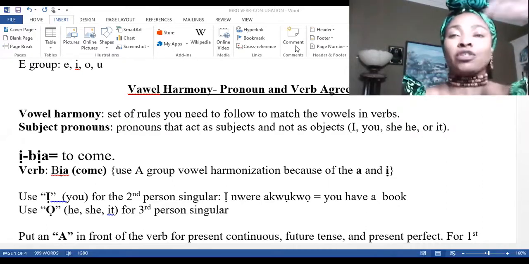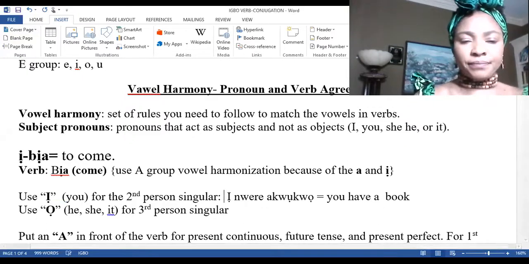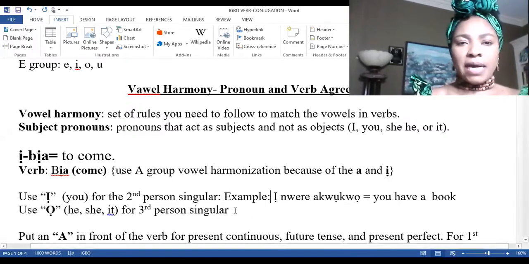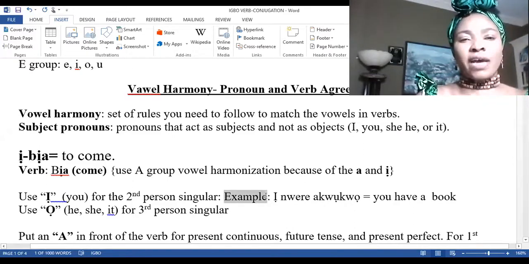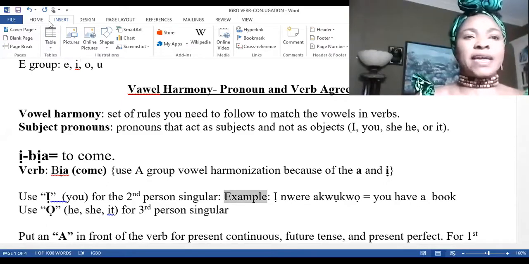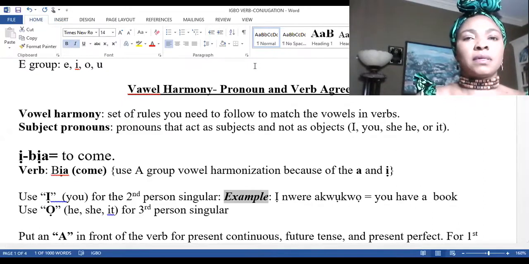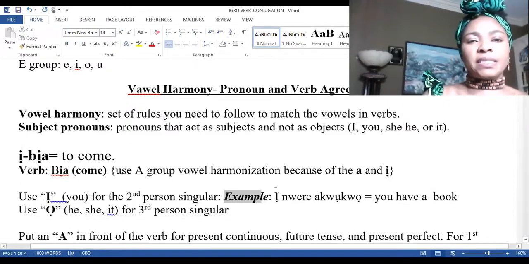Now let's go to the third person. The example, the third person. So now the example for the first person here is always direct and singular. It should always be singular. Okay, so let's do the third person.